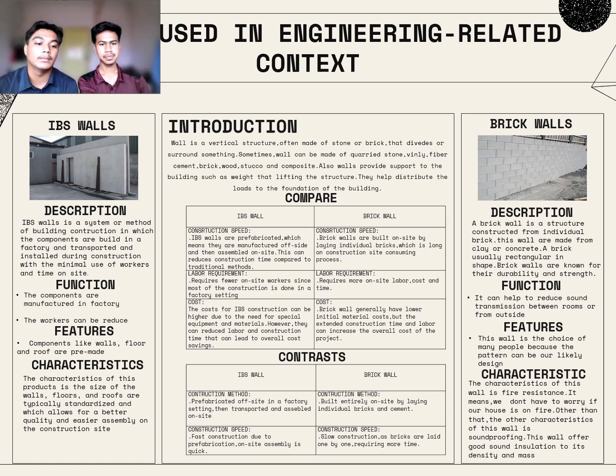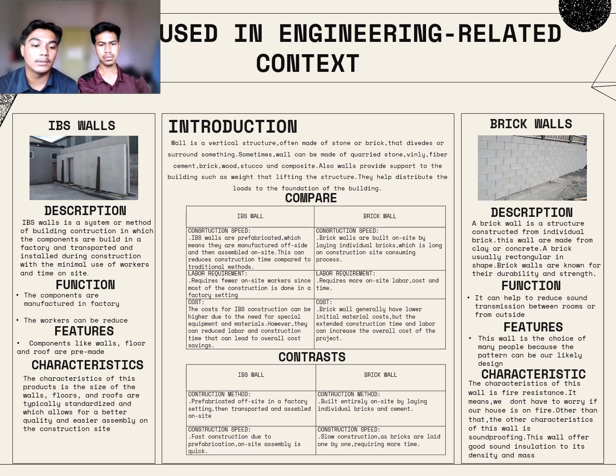However, they can reduce labor and construction time, which can lead to overall cost saving. The brick wall generally has a lower initial material cost, but the attendant construction time and labor can increase the overall cost of the project.